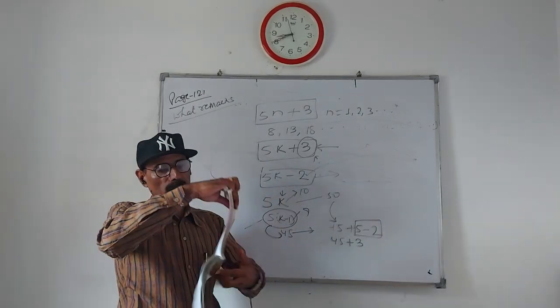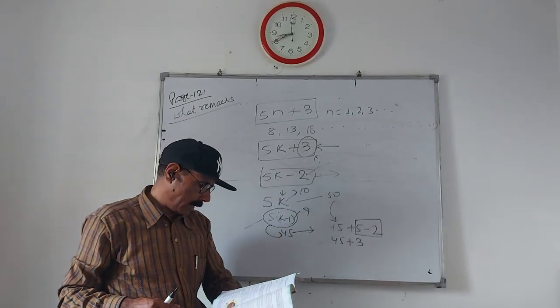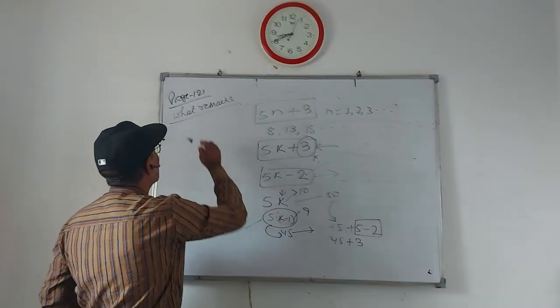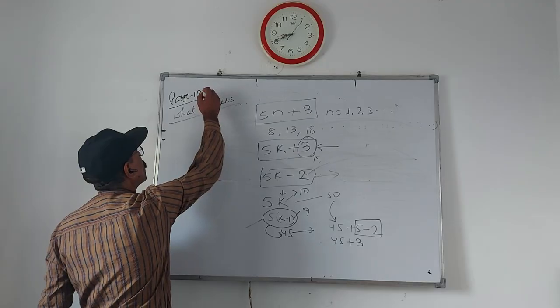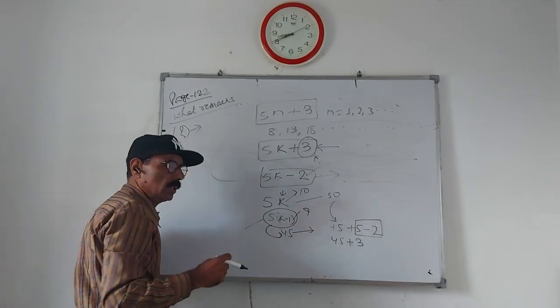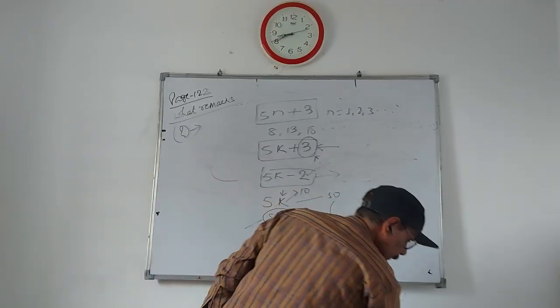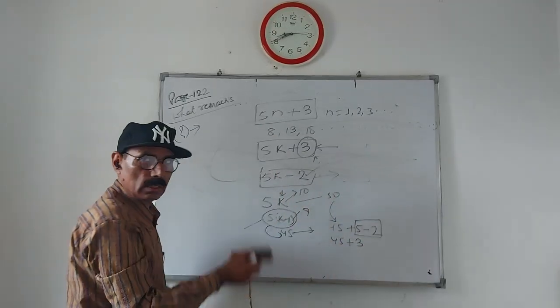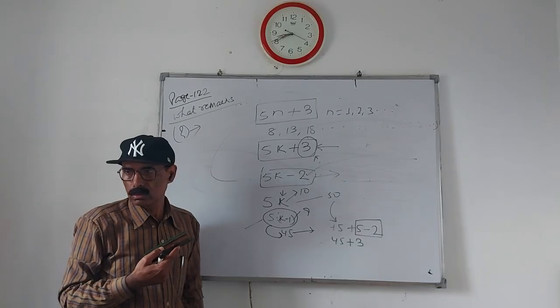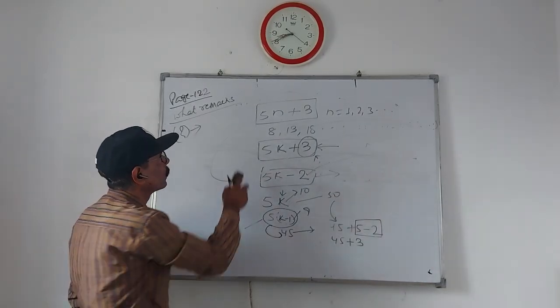The same thing is mentioned in page number 122, the very first question mark. So if such a question comes, you can interpret that these two equations are same. Understood? Okay.